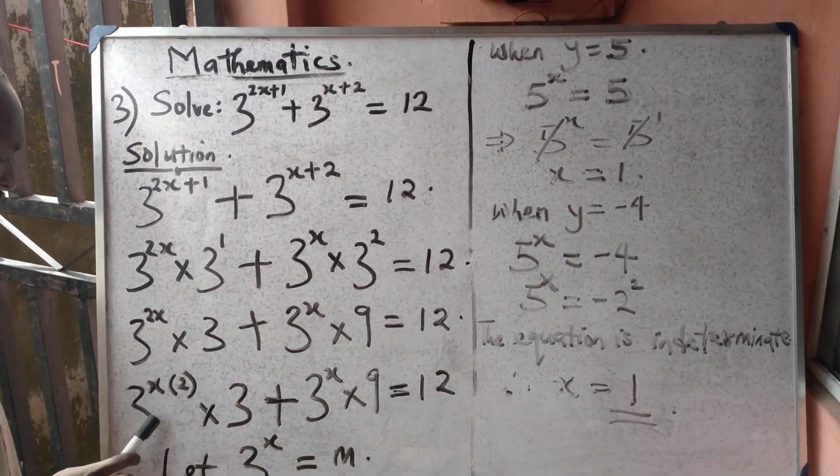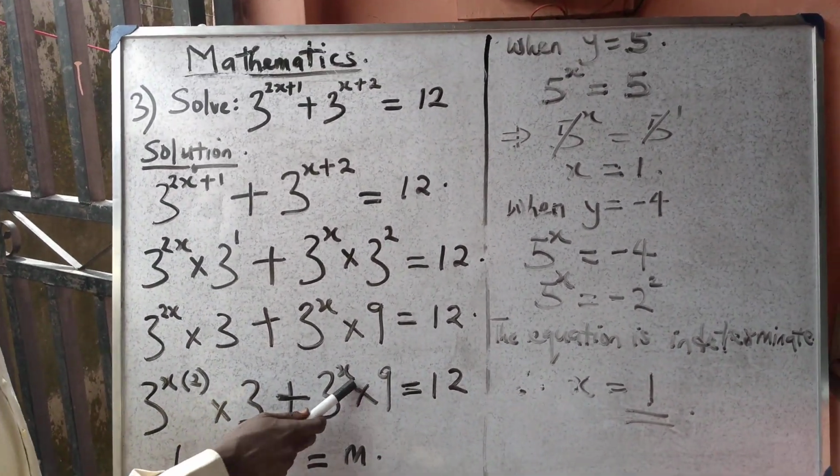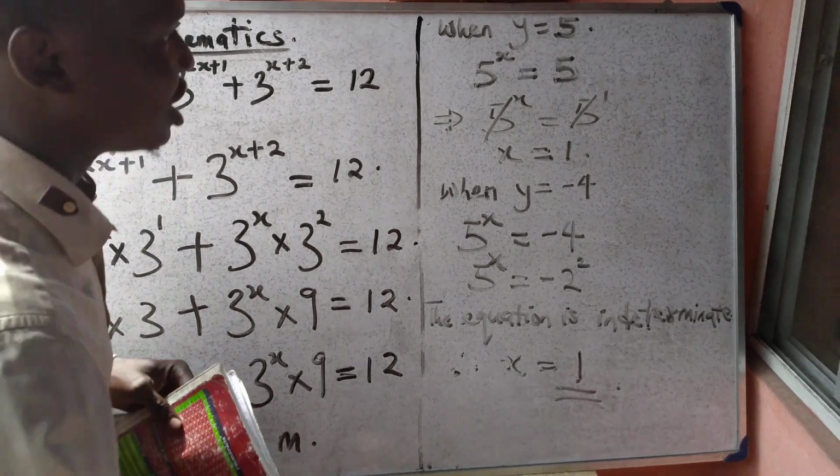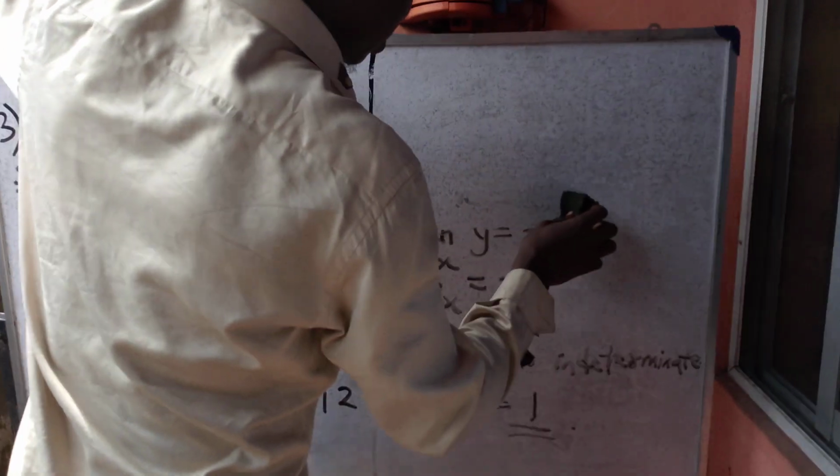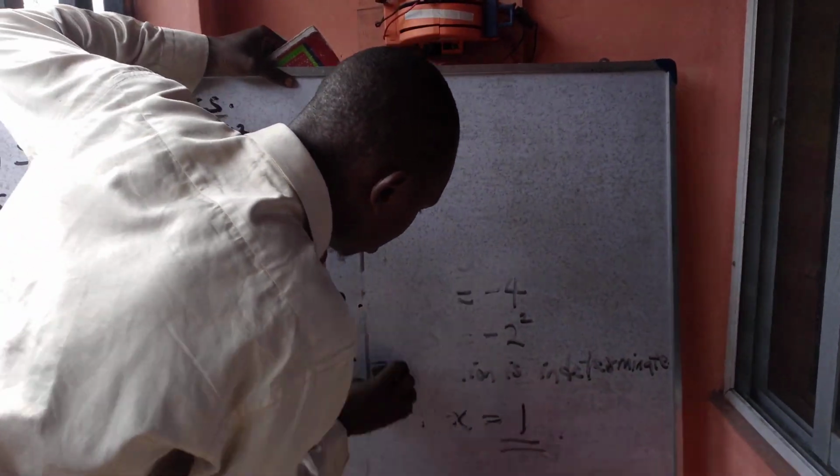Alright, so this is 3 raised to power x, which will be m, and 3 raised to power x here will be m. That implies that you arrive at something like this.